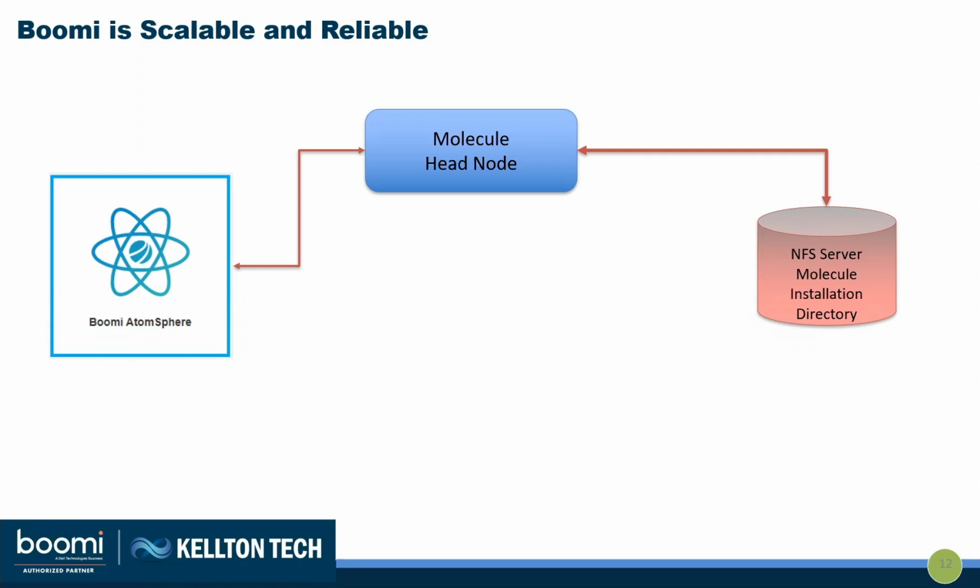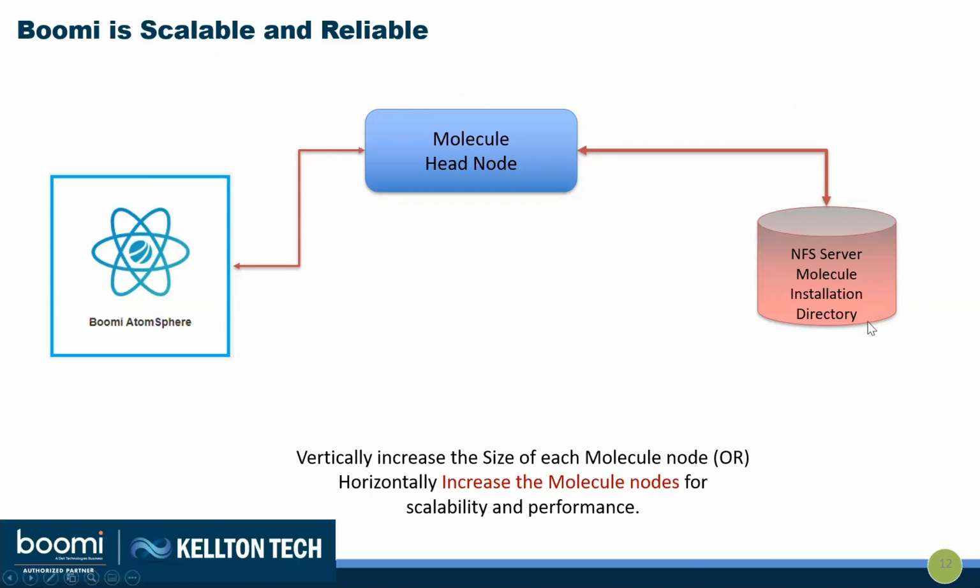And if you want to establish high availability, you would install one more molecule node. Or if you want to increase the capacity of the existing system, you could also vertically increase the size of the molecule node in terms of its resources like memory or storage, etc.